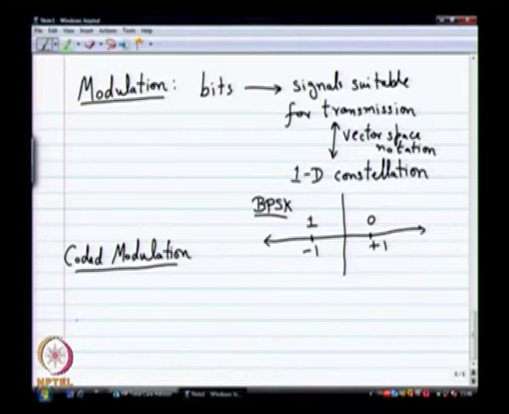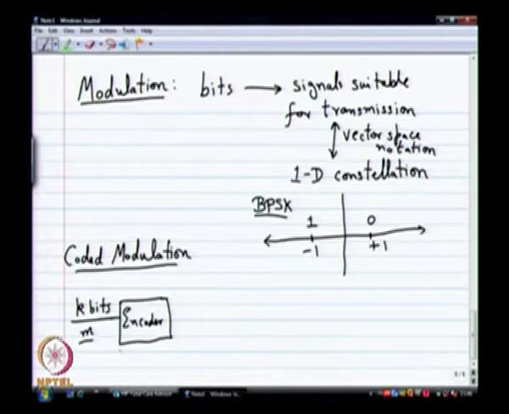Basically what we will do is take k message bits, which we will call M, and go through a code encoder, let us say an (n,k) binary linear code.